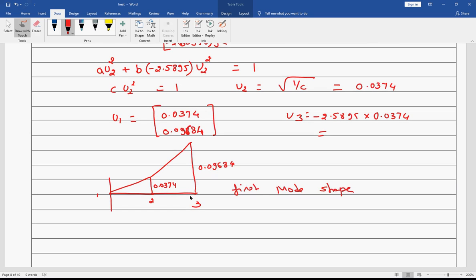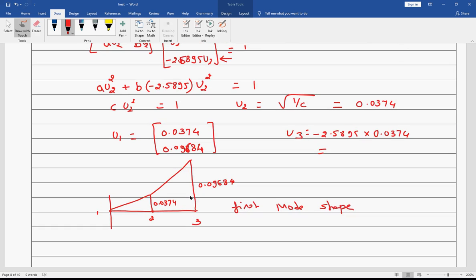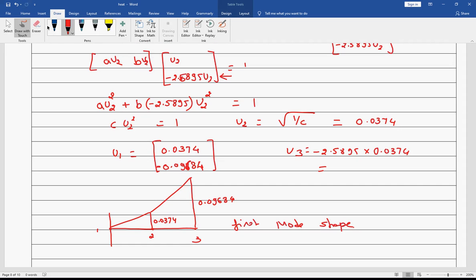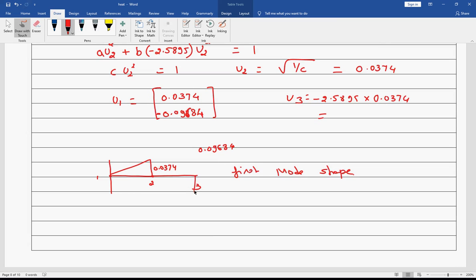Where is the negative sign? Okay, so this is negative, you want to say. Yeah, so if this is negative, then definitely it will go down, and this value is 0.09684, negative, and my mode shape will be like this.